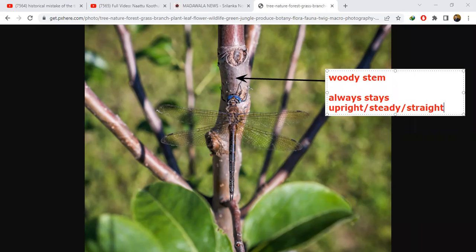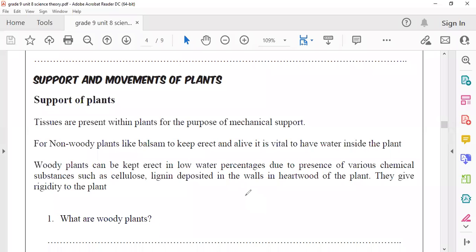So to this plant, do you want to continuously put water? No. Will it lose its steadiness if you don't put water? No. So that kind of plants are there. So the idea here is, what are the two types of plants?